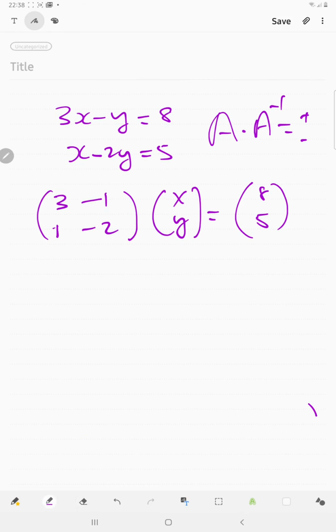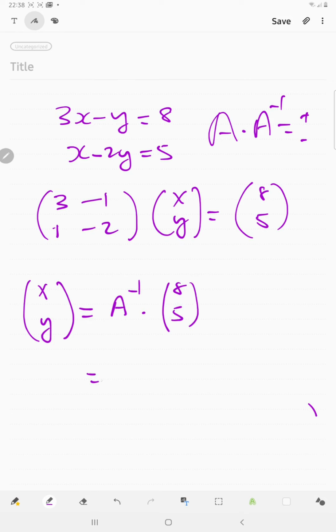So you can say (x, y) is equal to, you take the matrix which you had at the beginning. So you multiply matrix A inverse multiplied by this particular matrix 8 and 5.